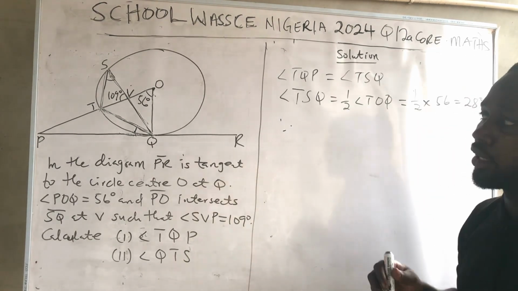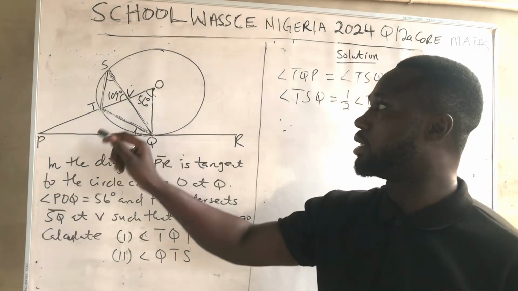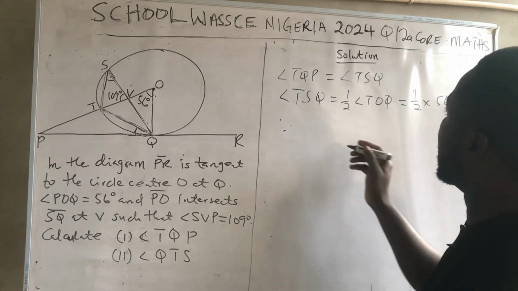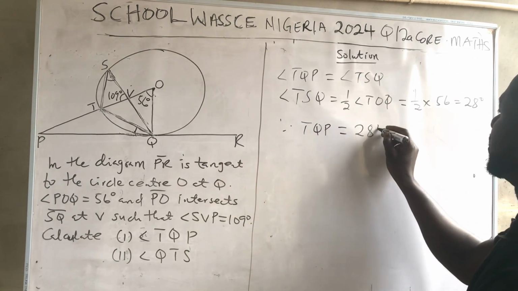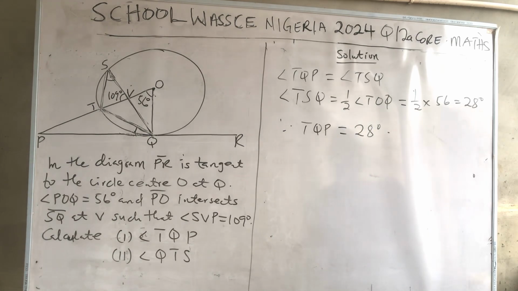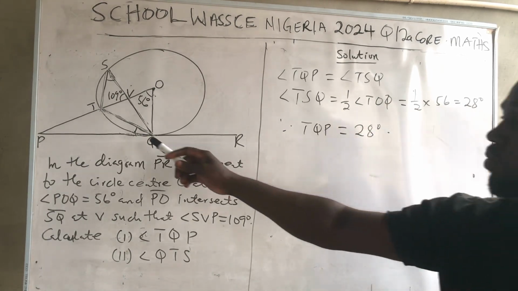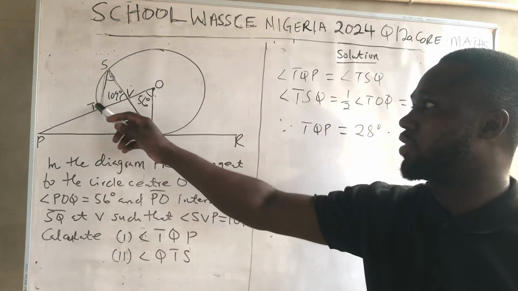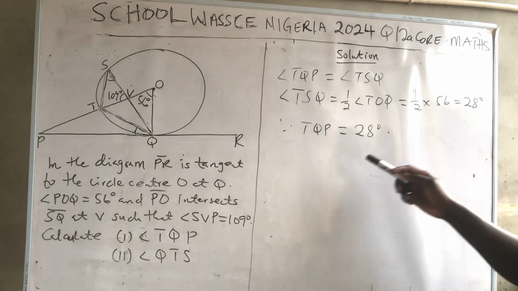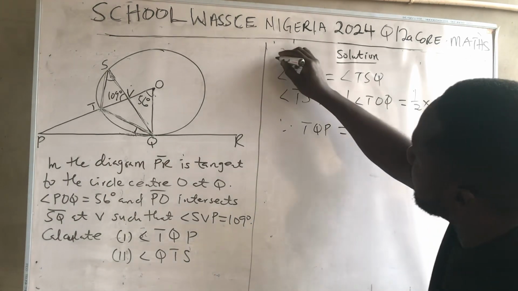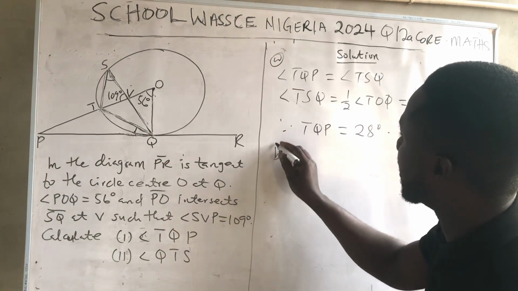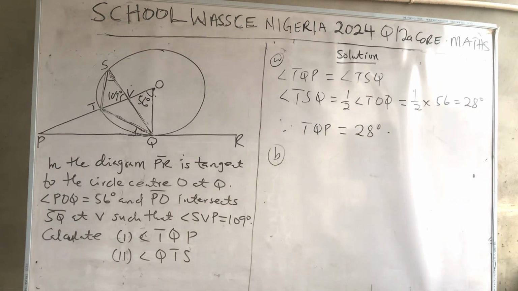Therefore, since angle TQP is the same as TSQ, angle TQP is also equal to 28 degrees. So that is our A. Simple as that. We are done with the A.